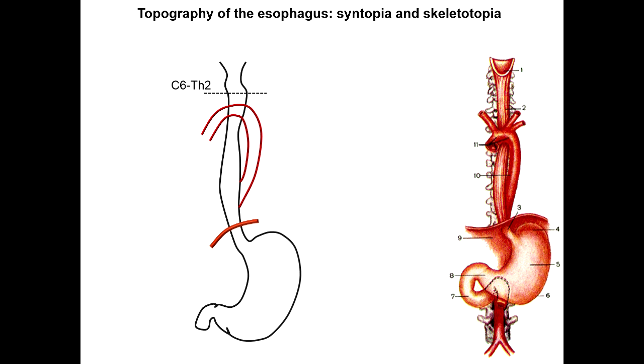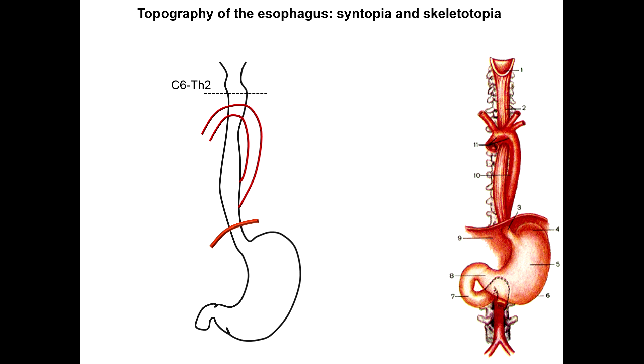And then the aorta passes through the hiatus aorticus in the diaphragm. Try to distinguish here that arcus aorta is located anteriorly to the esophagus.